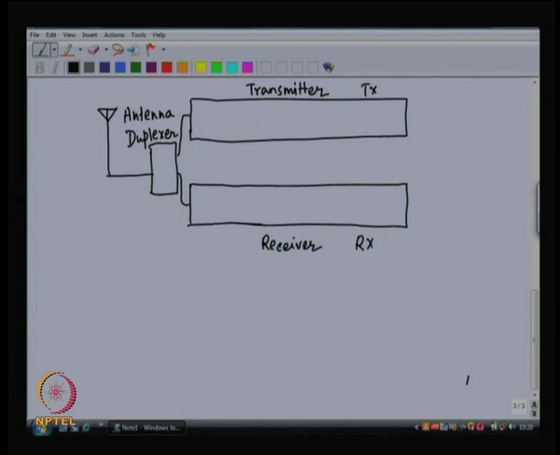In fact, theories behind the duplexer are mostly not going to be covered in any electrical engineering course at all. It is a mechanical component. So, it could be a surface acoustic wave kind of component, it could be a piezo related something, it could be a crystal, a MEMS component. Invariably, it is not going to be electronic at all, it is a mechanical component, it is a mechanical switch.